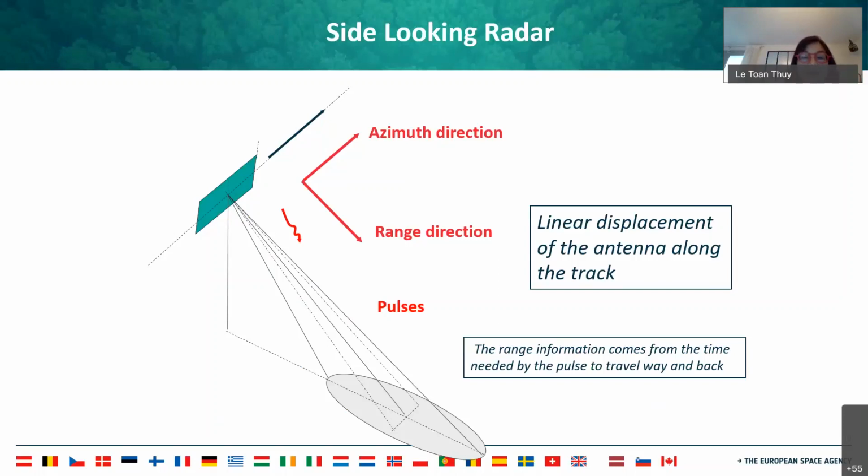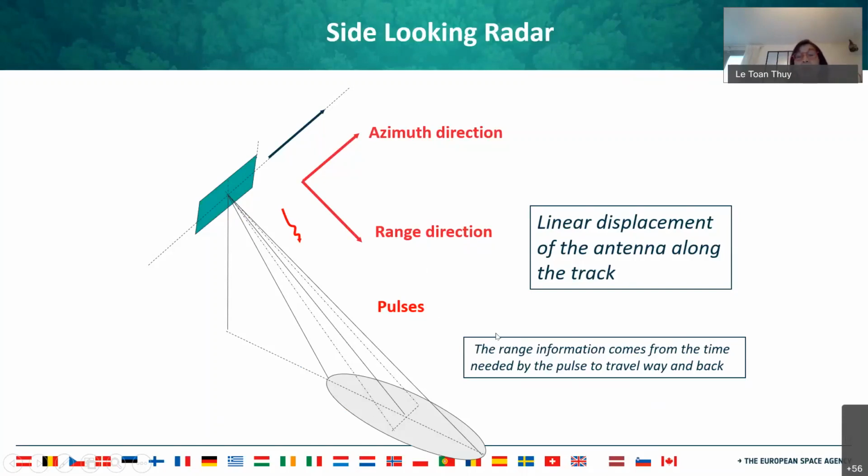Here this shows the side-looking radar with an antenna, in azimuth direction and range direction. A pulse is transmitted to the target, and the antenna displaces linearly along the track, along the orbit.